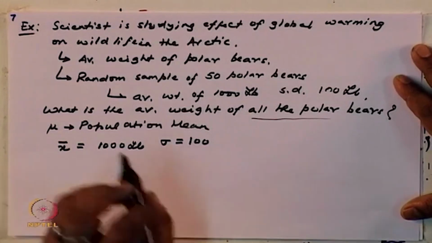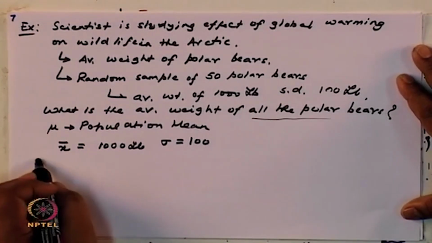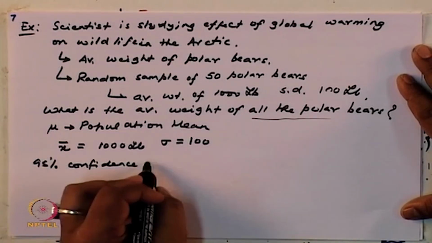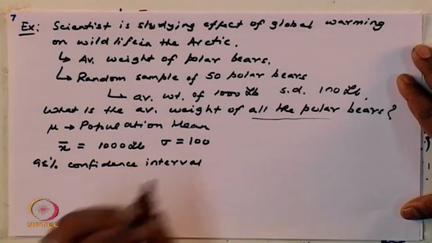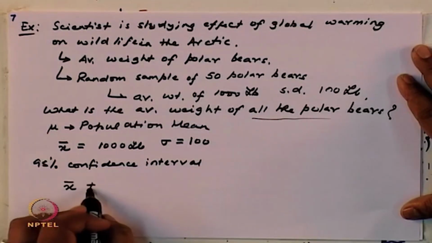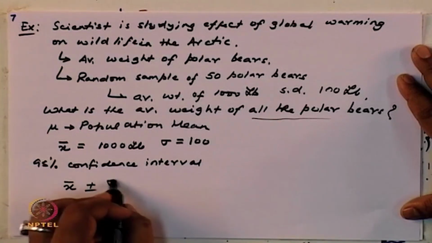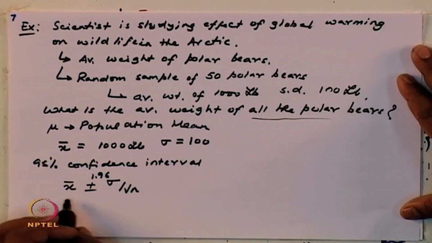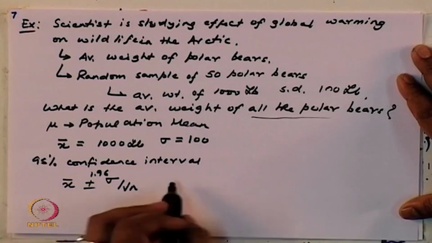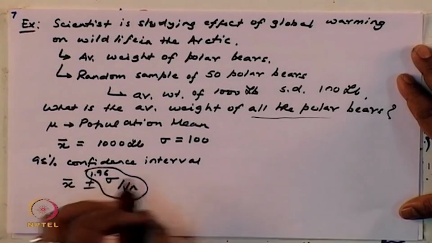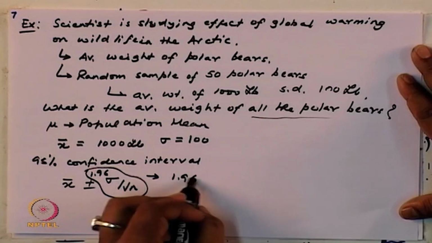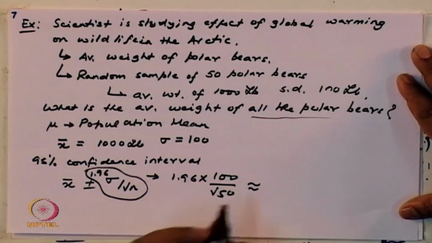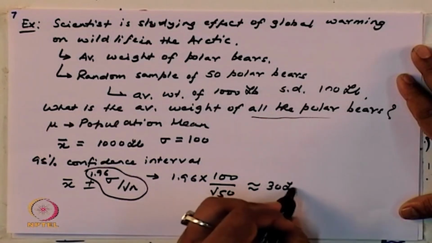For creating the 95% confidence interval, I want x bar plus minus 1.96 times sigma by root n. This term will come out to be 1.96 into 100 by root of 50, which is roughly around 30 pounds.